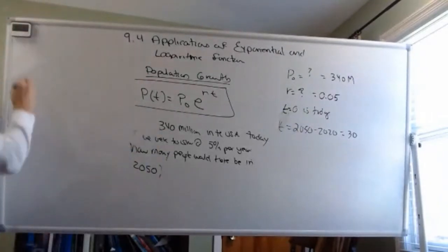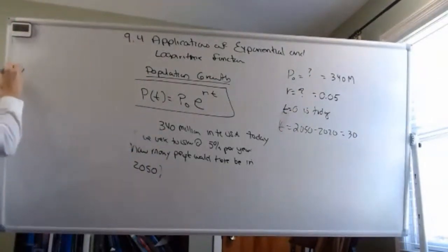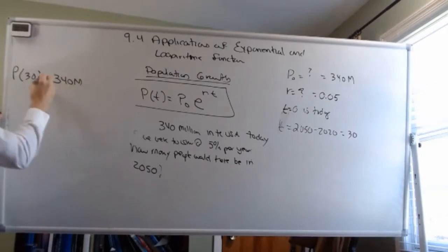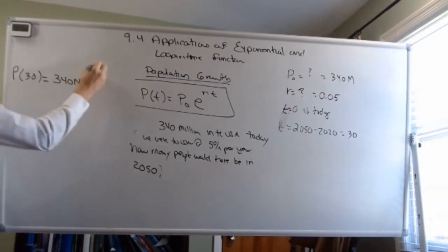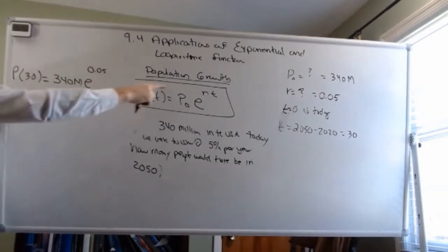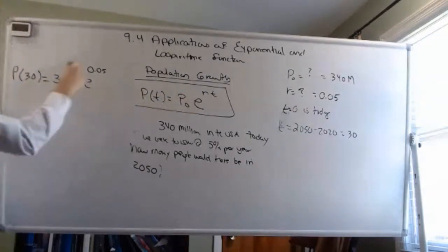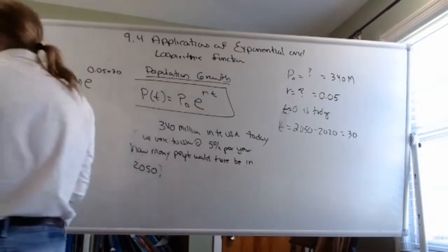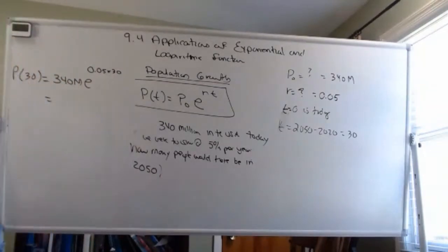Using this, the population P after 30 years is equal to 340 million times e to the 0.05 times 30, where I'm putting t equal to 30. Well, let's put that into our calculators and see what we get. Our answer is going to be in terms of millions.